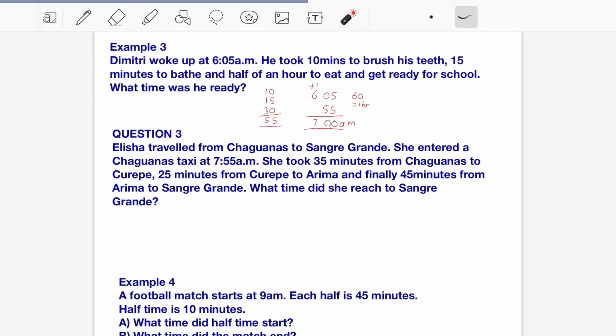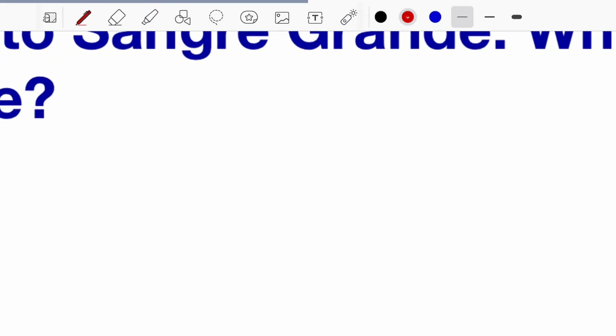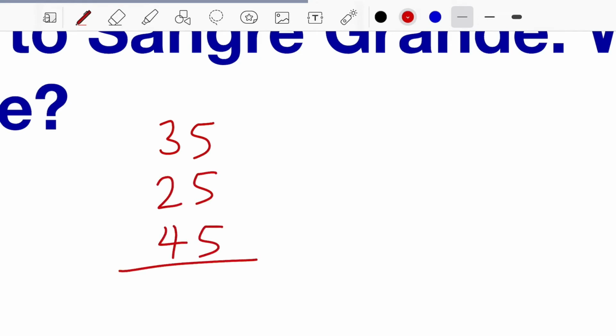So we have 3 transits, so 3 durations: 35 minutes, 25, and 45. So let's add those times together. 35, 25, and 45. So 5 plus 5 plus 5 is 15. 3 plus 2 is 5, plus 1 is 6. 6 plus 4 is 10.